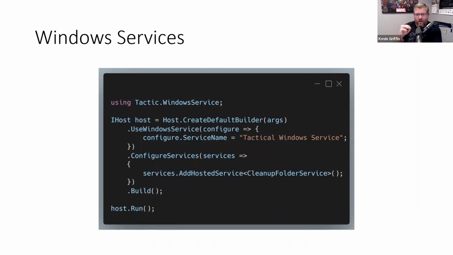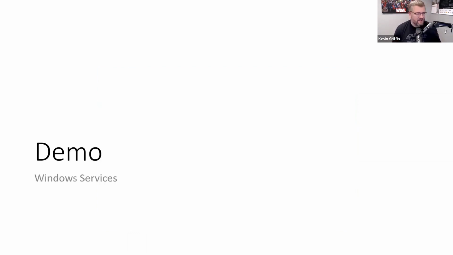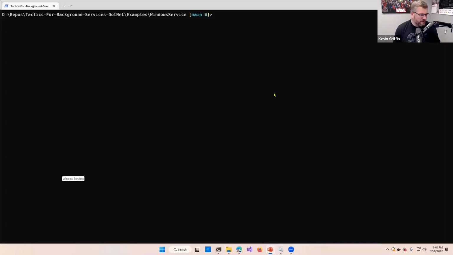It will take care of all the wiring up that Windows requires on your behalf. There's nothing special you need to do unless you want to override any of the configuration. So this code sample here on the screen is literally what we're going to look at right now inside of a demo. So let's go ahead and switch over to some code.